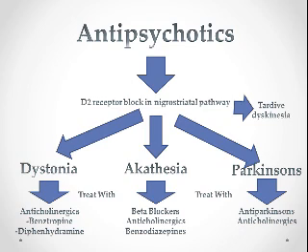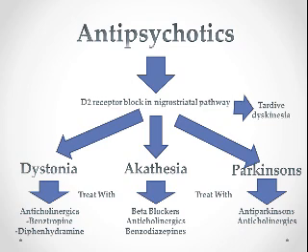I put tardive dyskinesia off to the side here because it is a much longer-term symptom, and it doesn't really have any treatments, whereas these other three, we can treat the symptoms of the drugs with more drugs. So they're put in this order for a reason.